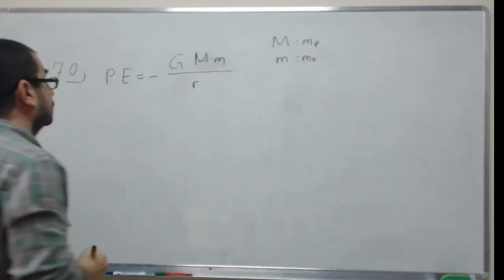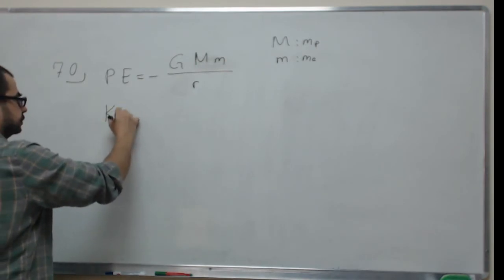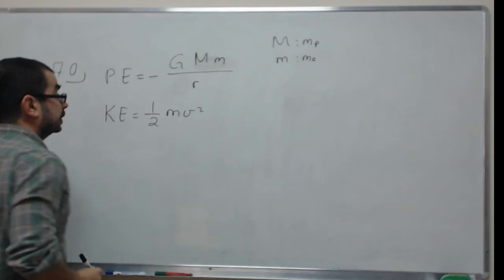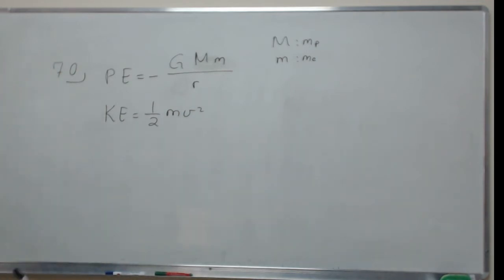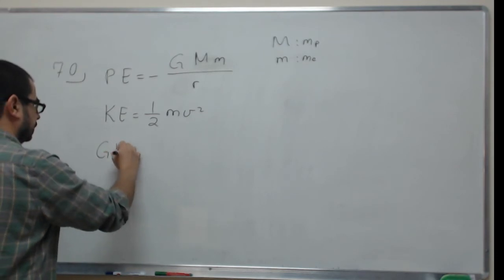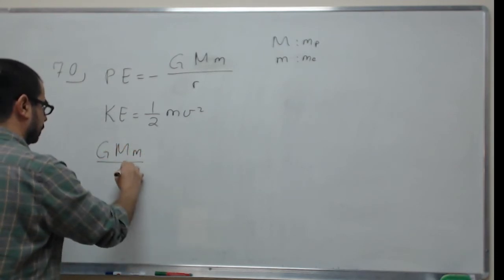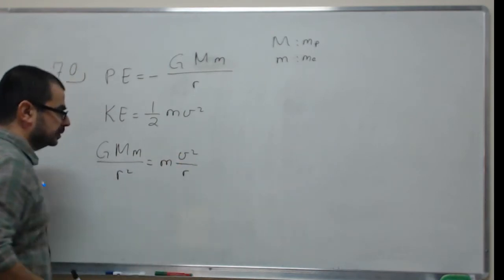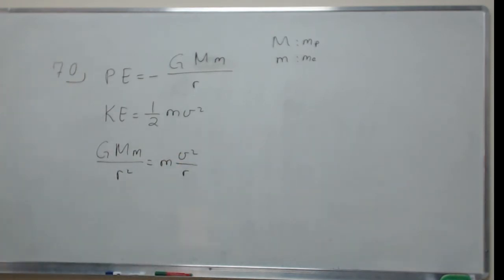So the kinetic energy is going to be a half mv squared, and we are going to have the same situation that G M m over r square is going to be m v square by r. So the electron is going around a circular orbit. There is also, of course, the motion of the proton, but for our purposes, we just neglect this. Then this formula actually holds.